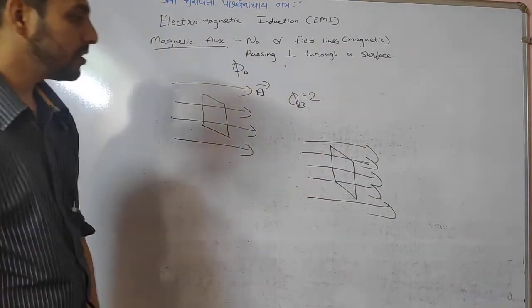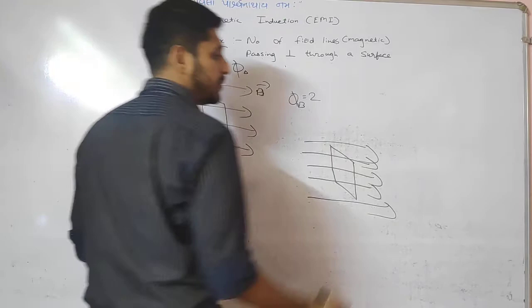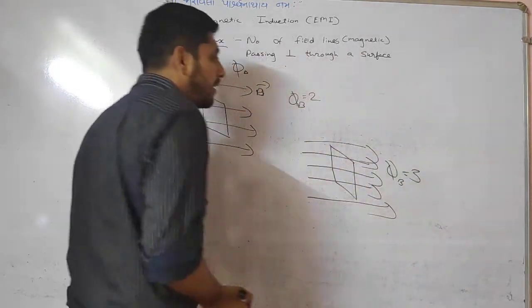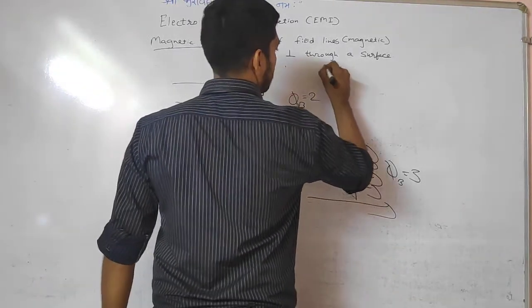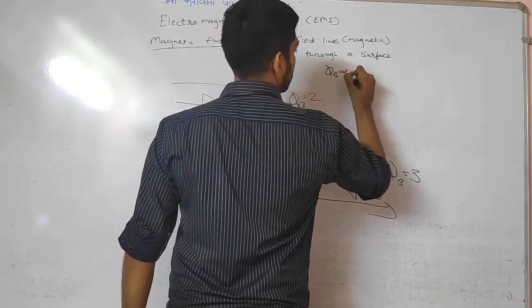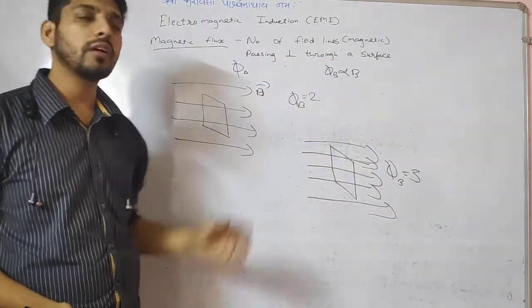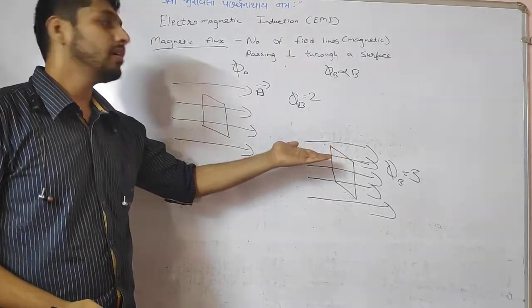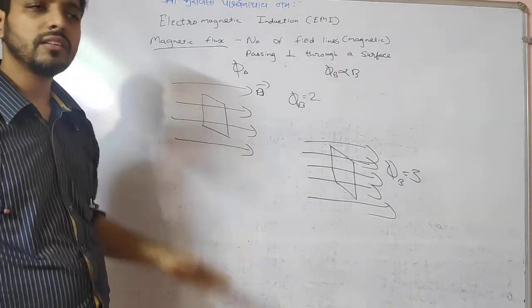So here, what will be the number of field lines passing? It will be 1, 2 and 3, which means that phi b will be equal to 3, which tells us that flux is directly proportional to the intensity of magnetic field. As we increase the magnetic field, the flux increases. If we decrease the magnetic field, then the flux again decreases.